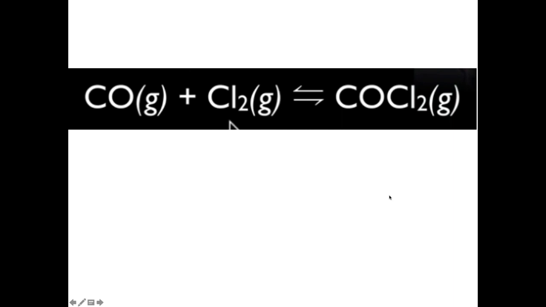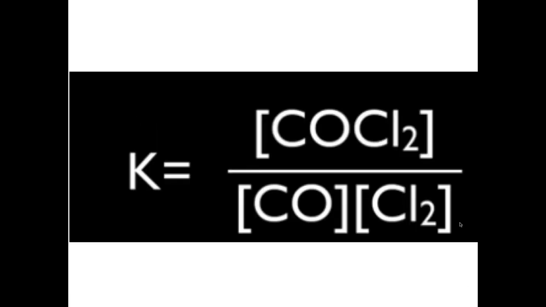Look at this equation here: CO gas and Cl2 gas going to COCl2 gas. When you convert that into an equilibrium expression, you put the products on top, and the reactants go on bottom. These brackets indicate concentration. That's what we're looking for, the concentration of these items.